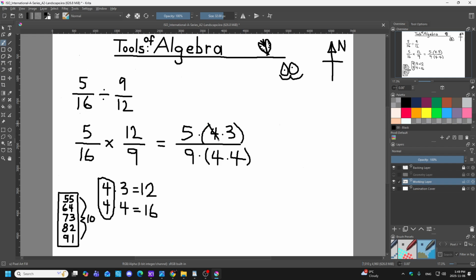So now we're at a point where we could cancel 2 of the common numbers, because as we know, 4 divided by 4 is equal to 1, and 1 can be multiplied by any number and you'll get the same result. Carrying this forward, just to clean it up, we are left with 5 times 3 all over 9 times 4.